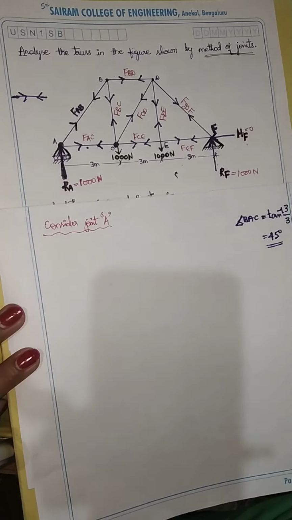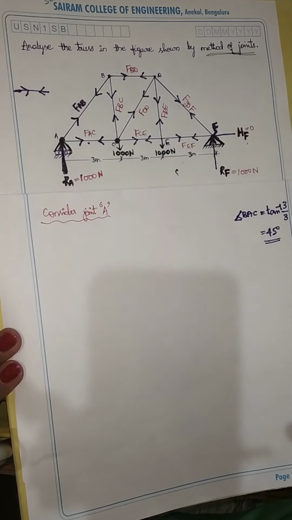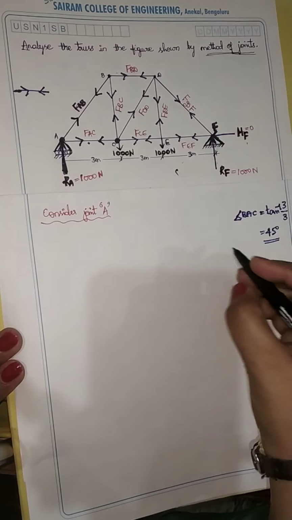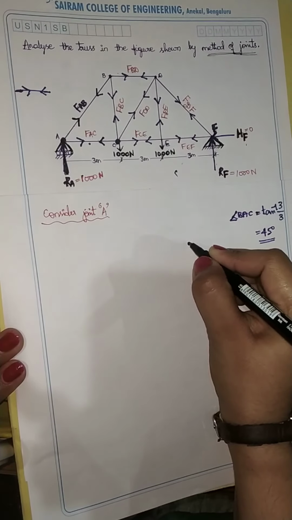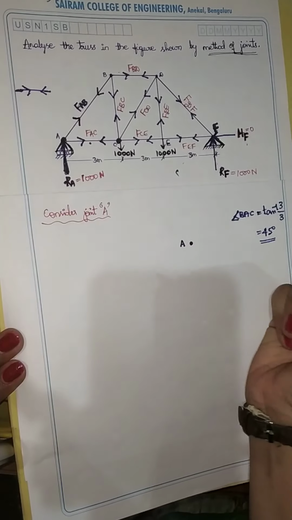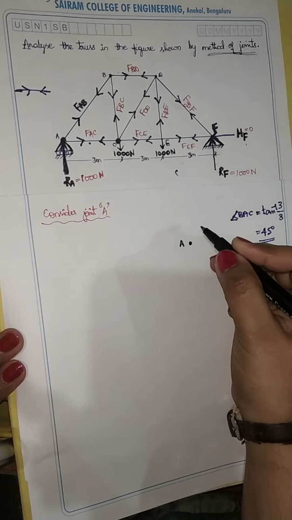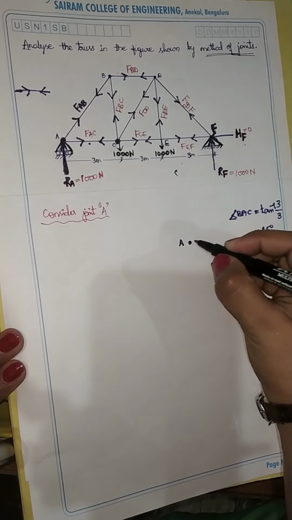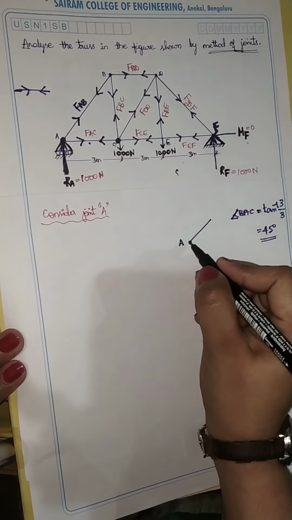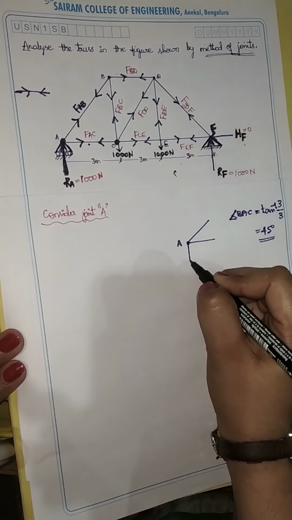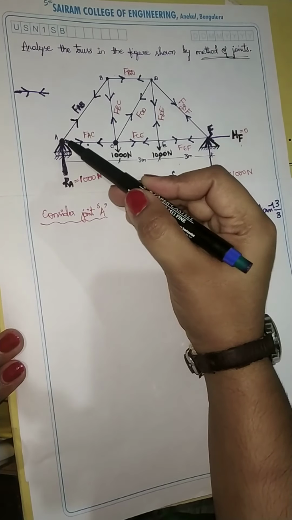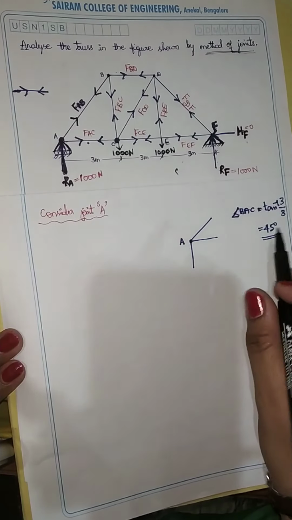So we will move on to the joint. First I'll select joint A. I'm writing joint A, putting a point and marking it A. You just mark all the forces acting: 1, 2 and 3. As it is, I'm not changing anything.